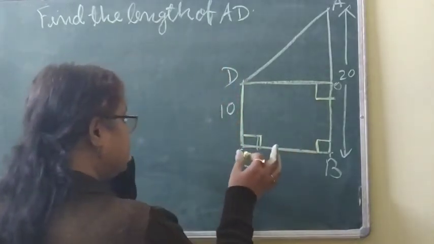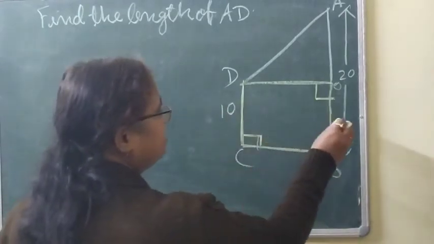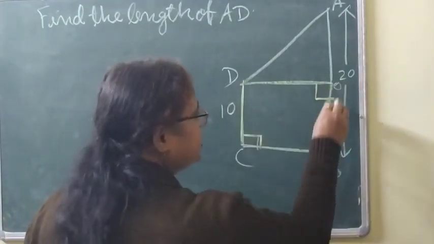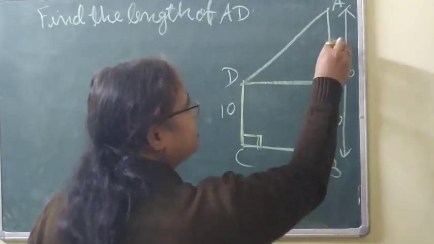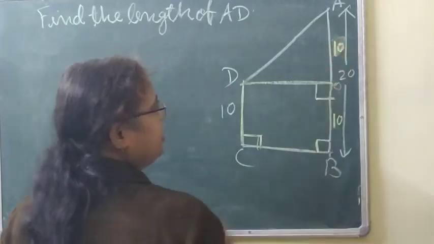It is not given whether this is a square or a rectangle, but in both cases, if this one is 10, then this will also be equal to 10. If this is 10 and this whole is 20, this will become 10. Clear?